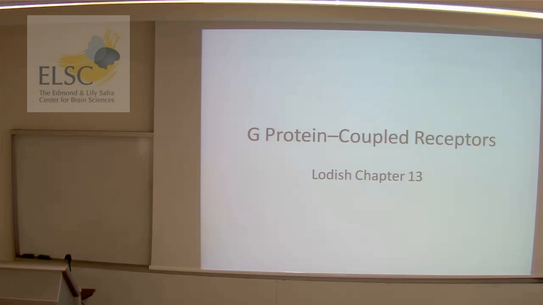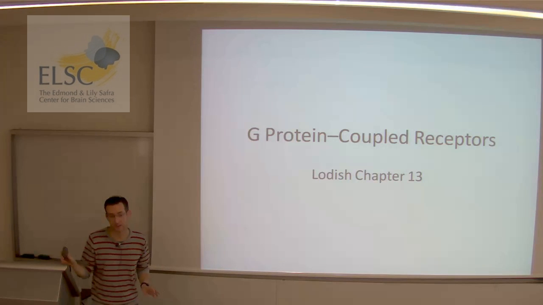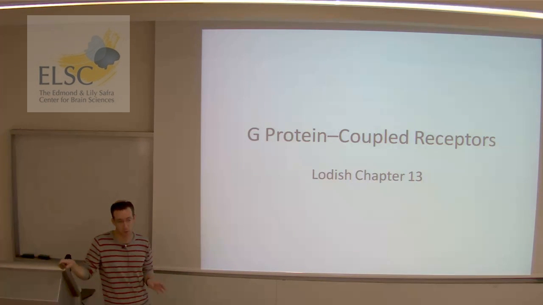So these receptors are called G protein coupled receptors because they activate the G protein, and so they are coupled to it. They are found in all eukaryotic cells in nature. There are several hundreds of genes that code for them in the human genome alone.